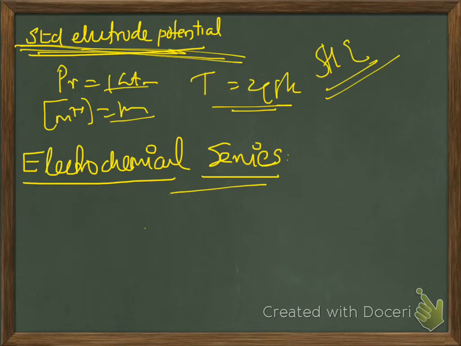When these species, which may be metal or non-metal, are arranged in the increasing or decreasing order of standard electrode potential, that series is known as electrochemical series.